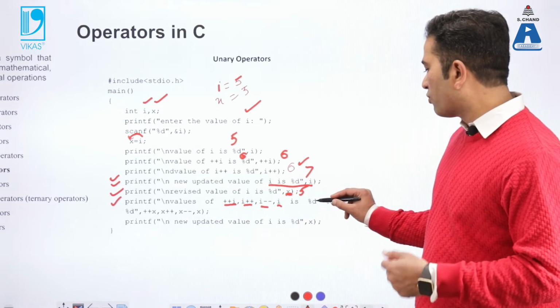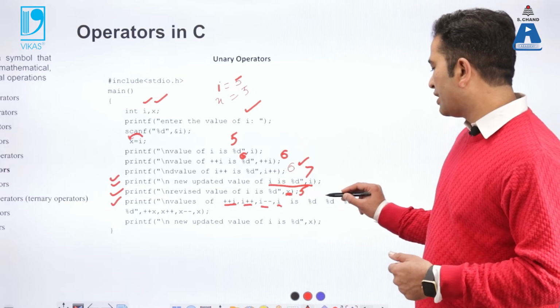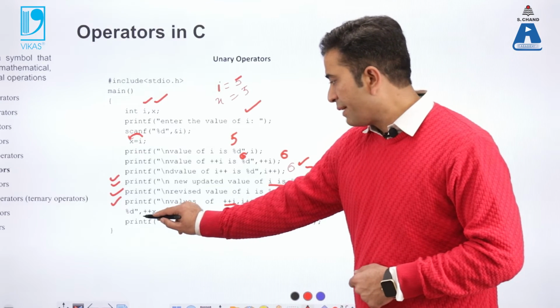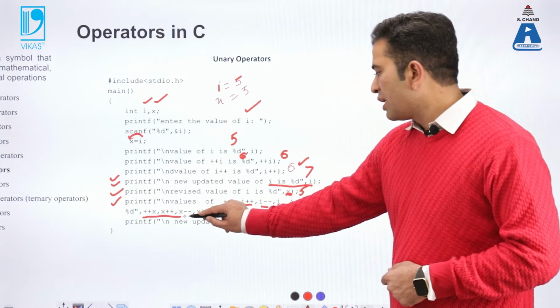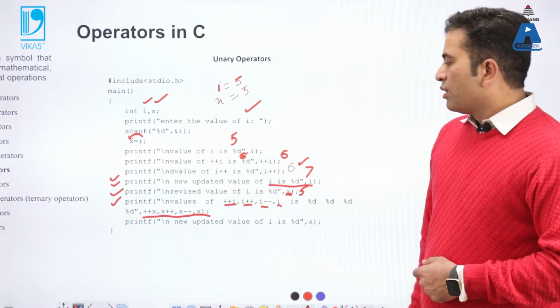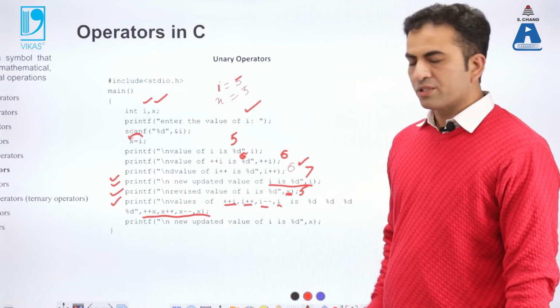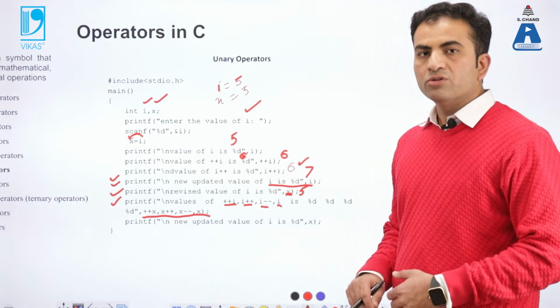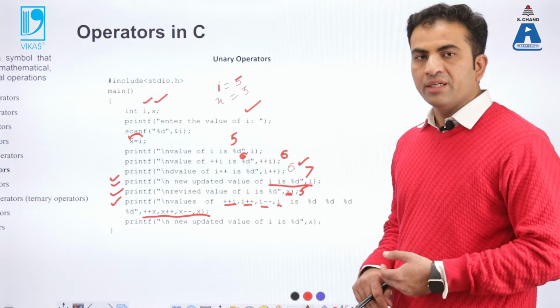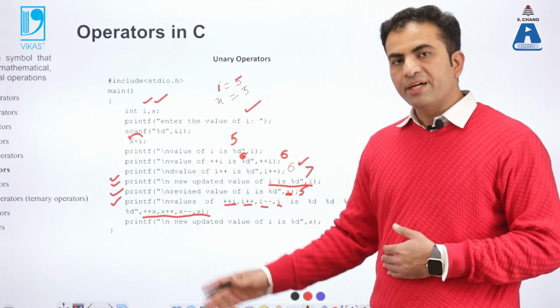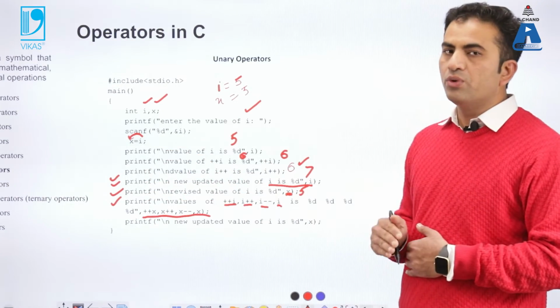So we will use %d four times, %d %d %d %d, and then the names of the variables: ++x, x++, x--, x. Again, the concept of associativity comes in. The associativity goes from right to left, but it prints the values from left to right.